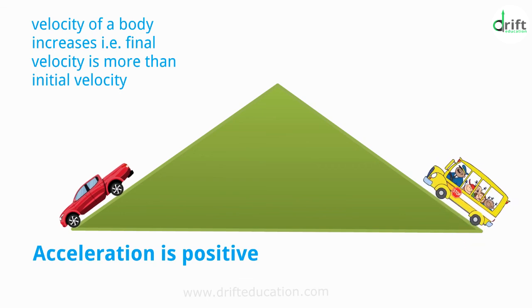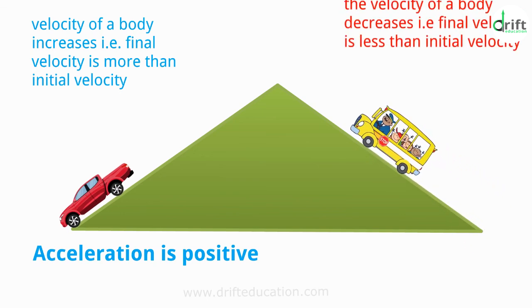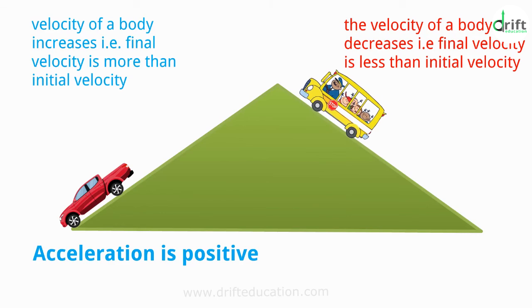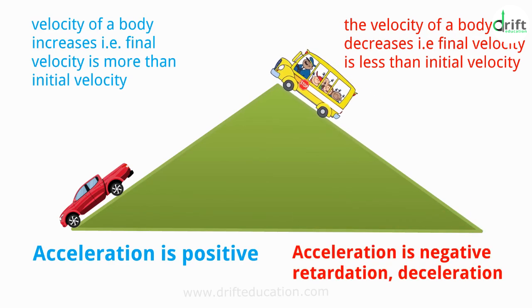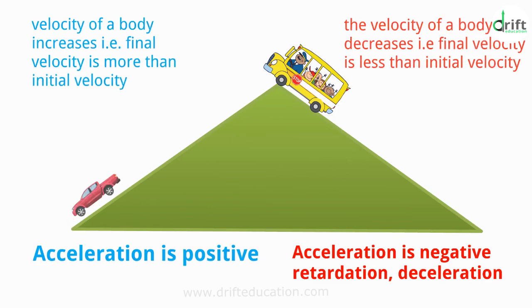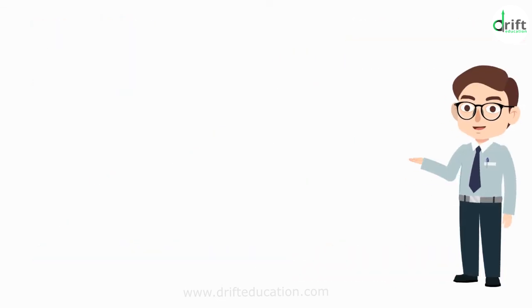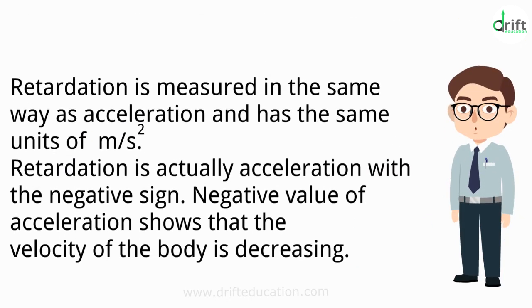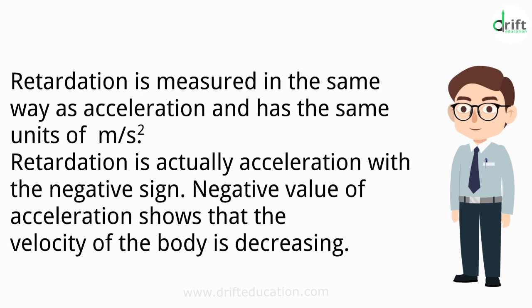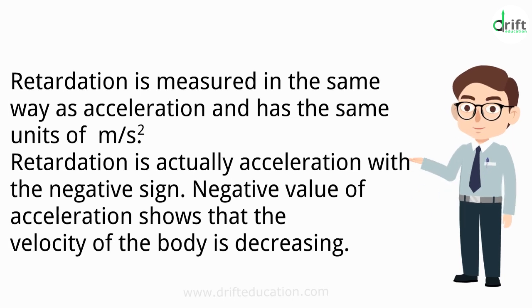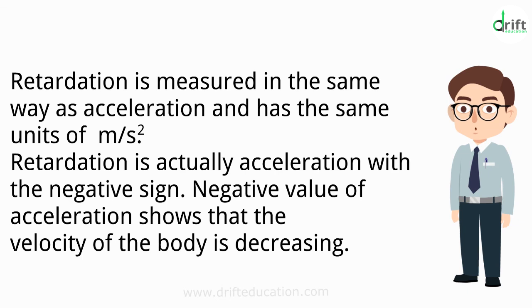And if the velocity of a body decreases, that is, final velocity is less than initial velocity, the acceleration is negative, which is also known as retardation or deceleration. Retardation is measured in the same way as acceleration and has the same units of meter per second squared. Retardation is actually acceleration with the negative sign. Negative value of acceleration shows that the velocity of the body is decreasing.